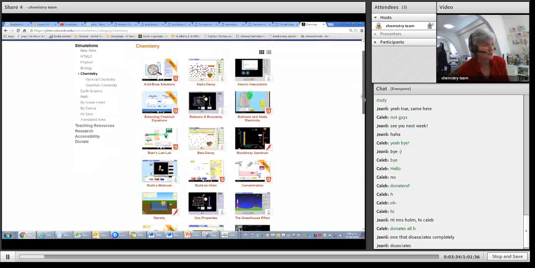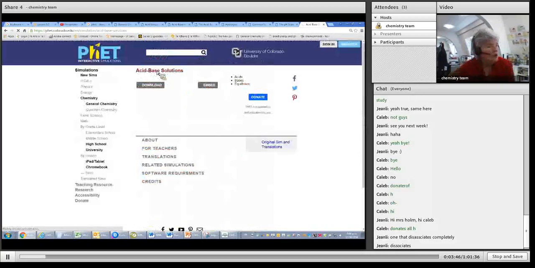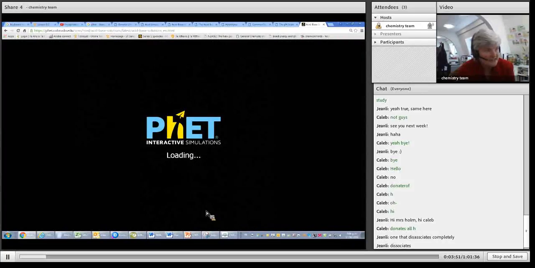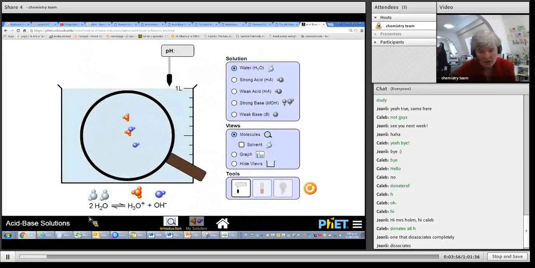I meant to get a PhET simulation up, so I just wanted to get that one up so we can have a look at it. What we have in the first place is water. Now water will collide with another water molecule, and a tiny amount will break up where one water molecule grabs a proton from the other water molecule.